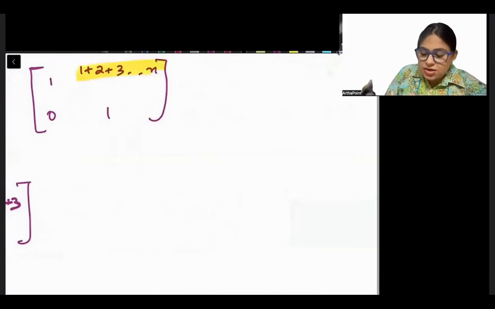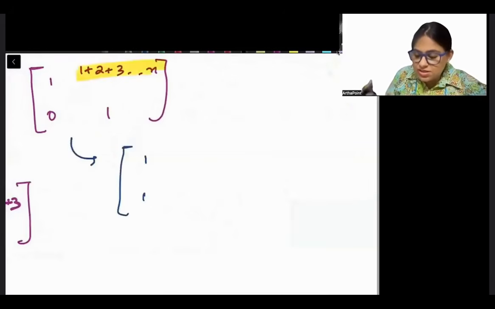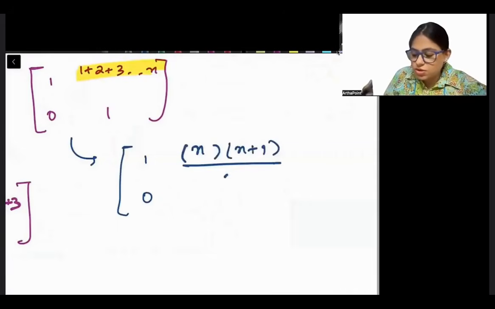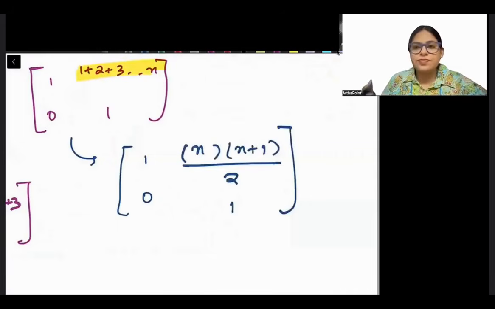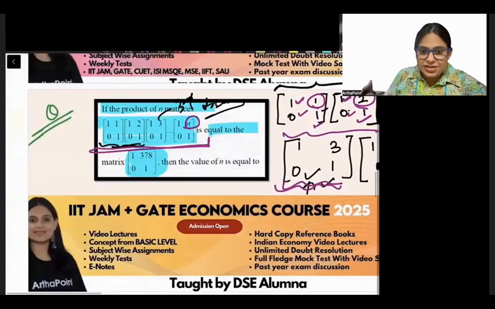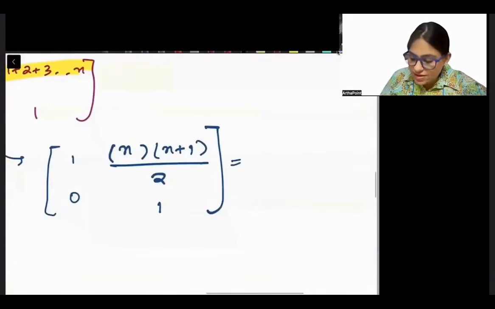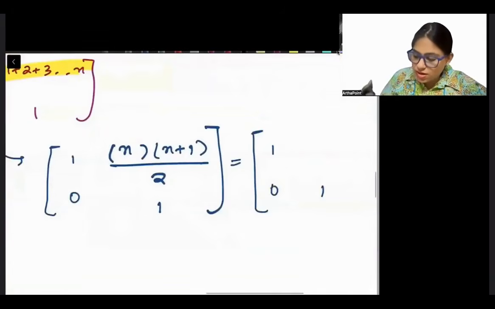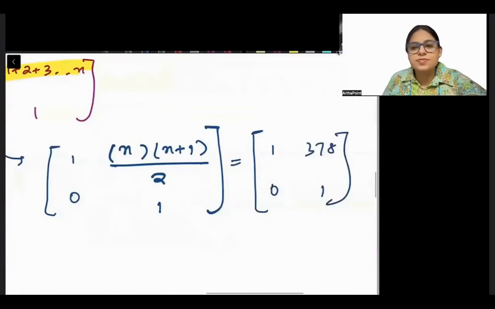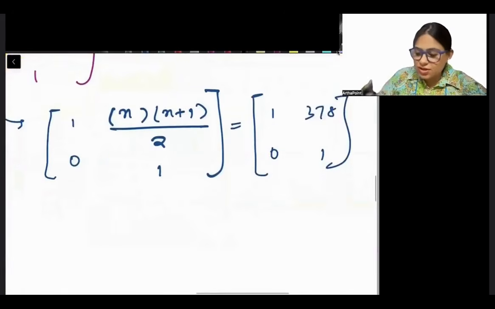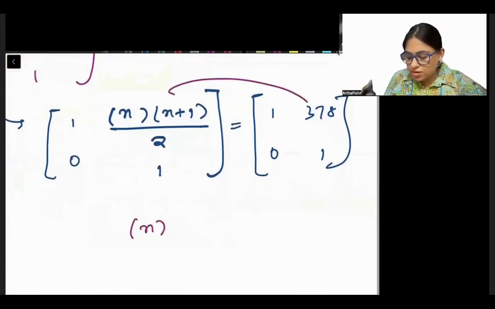And this, beta, will be nothing but sum of n observation is n into n plus 1 by 2. And the final matrix is given to me as 1, 0, 1, and here I have 378. I can do the comparison. n into n plus 1 by 2 will be equal to 378.